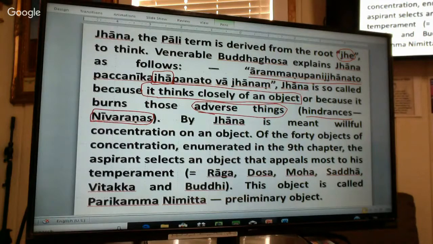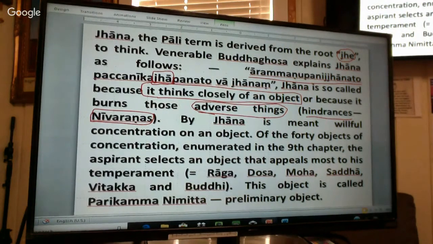The hindrances block our mind. So if you want to upgrade your mind, you need to remove the 5 hindrances with jhana. That means jhana temporarily removes the hindrances. That's why the mind develops through the power of jhana.